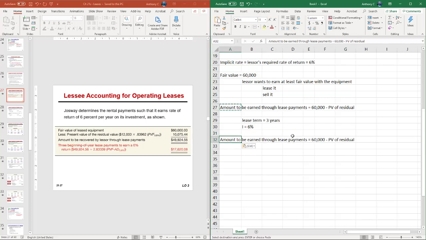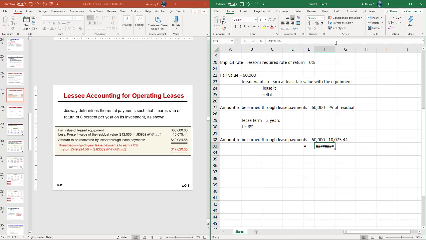So then that tells us the amount to be earned through the lease payments is the $60,000 minus this $10,075.44, which gets us out to $49,924.56.